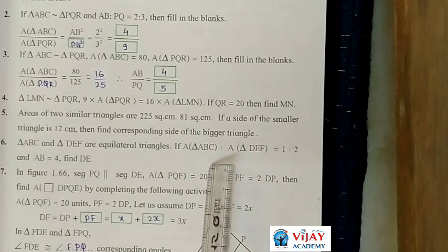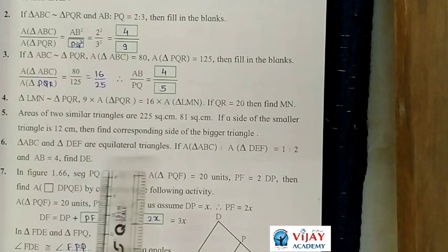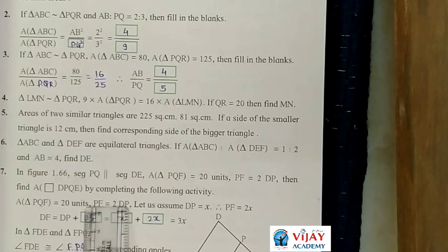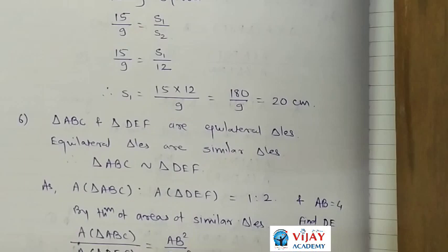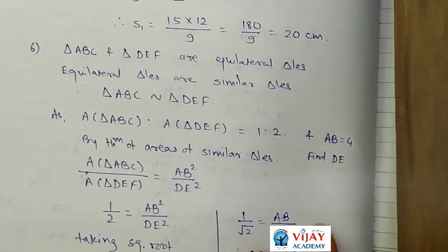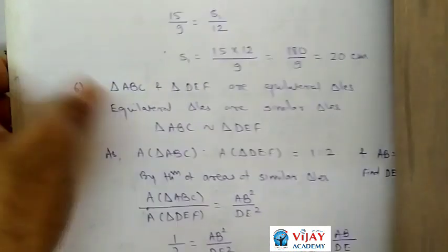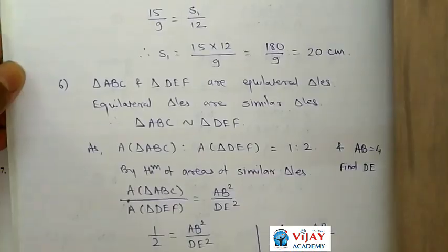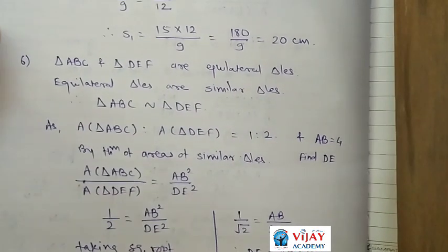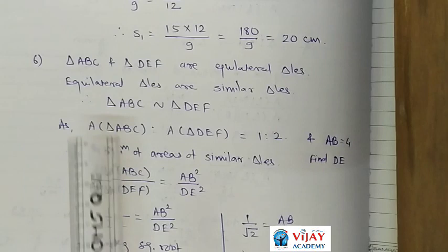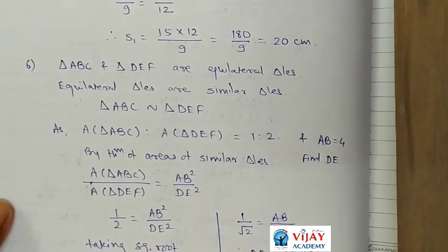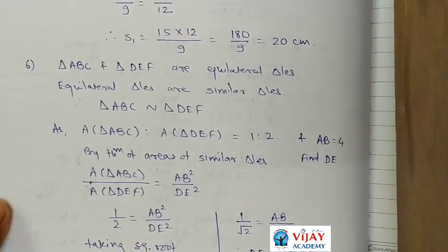If area of triangle ABC upon area of triangle DEF is equal to 1:2 and AB is equal to 4, then find DE. So the solution is that triangle ABC and triangle DEF are equilateral triangles.